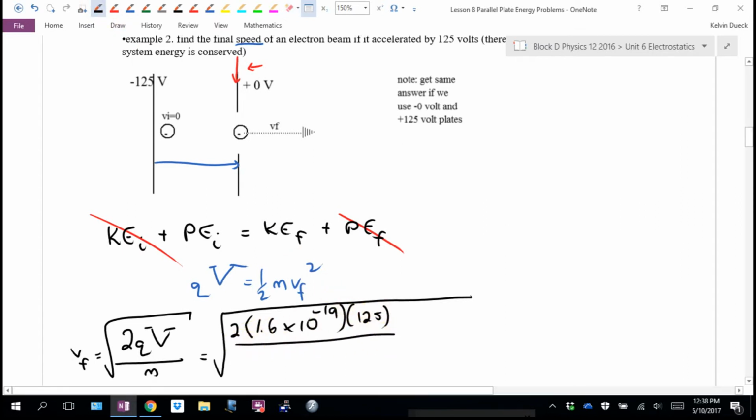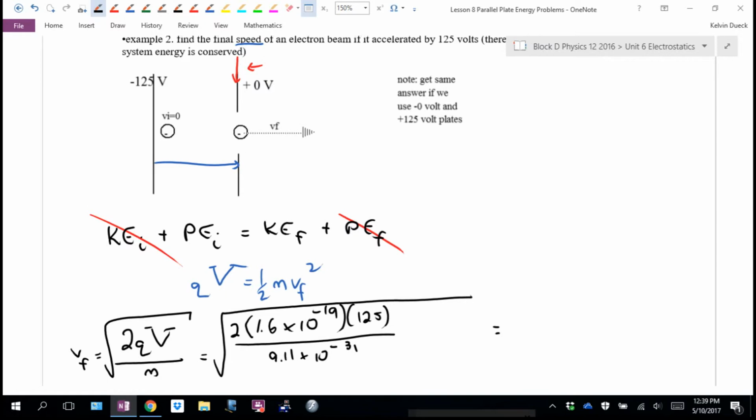Divided by m. They didn't tell me the mass. It's an electron. It's on your sheet. It's 9.11 times 10 to the something. Negative 31? Electrons are booking it.